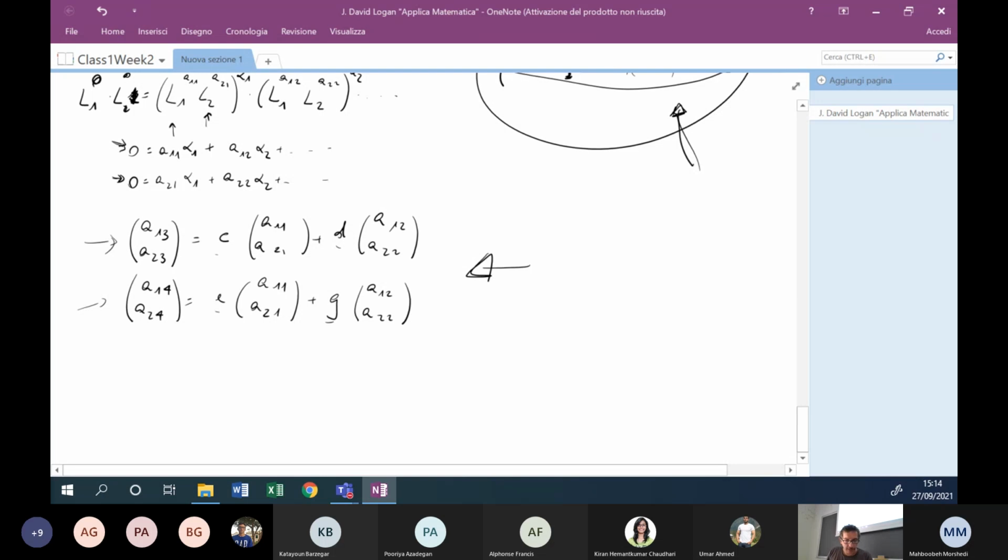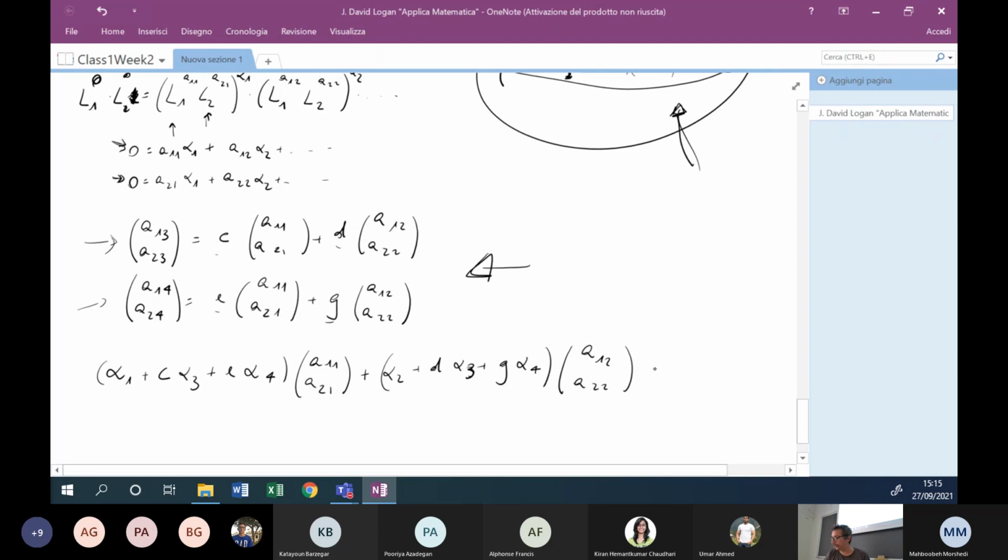What you will get is this combination: alpha 1 plus C alpha 3 plus E alpha 4 times A11, A21, plus alpha 2 plus D alpha 3 plus G alpha 4 times A12, A22, equal to 0, 0.